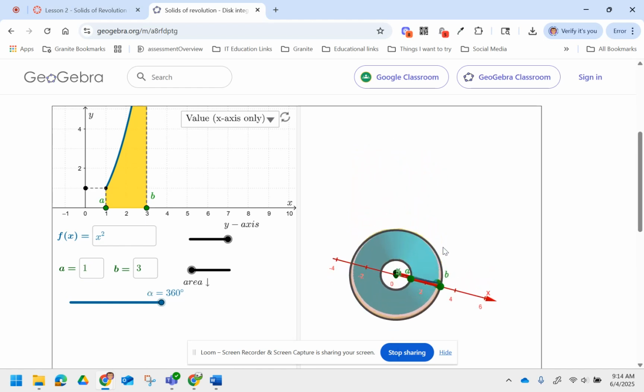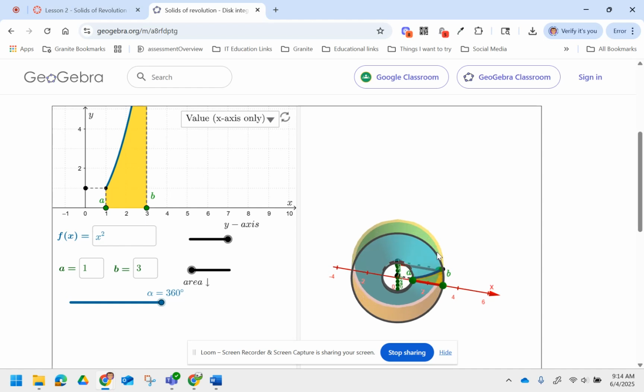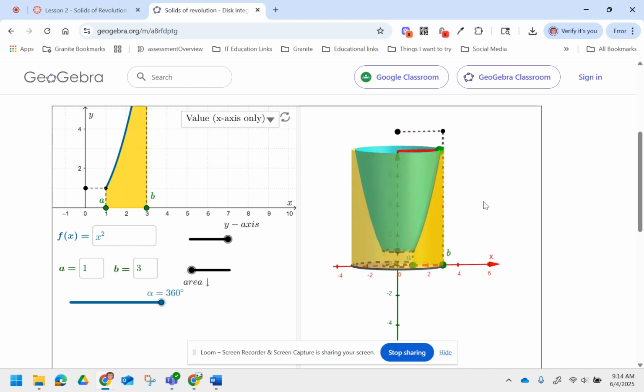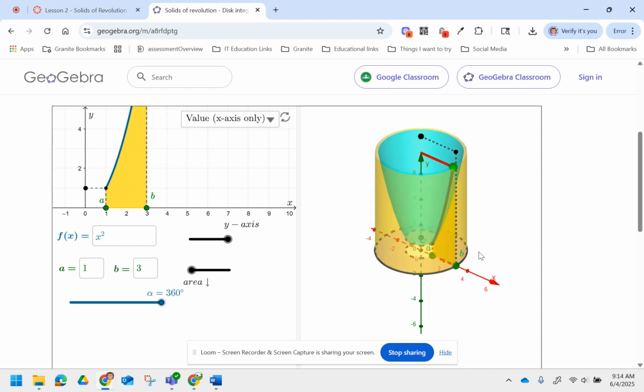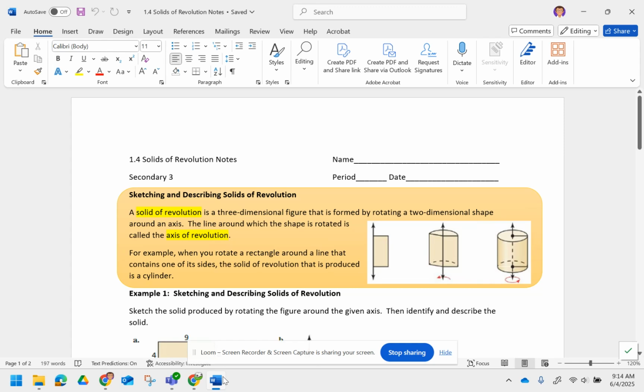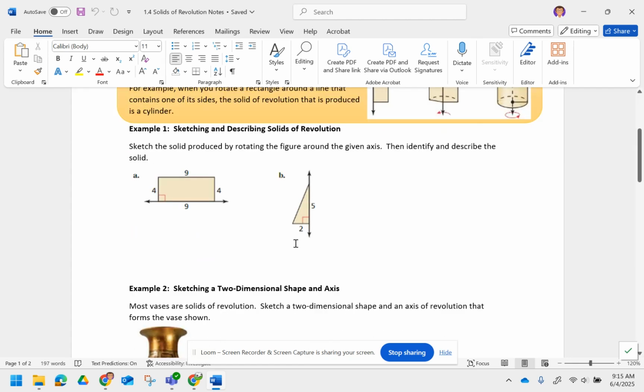Many times that's going to create holes inside of your shape that you're generating. All right, let's get to the note portion of this. A solid of revolution is a three-dimensional figure that's formed by rotating a two-dimensional shape around an axis. The line around which the shape is rotated is called an axis of rotation.